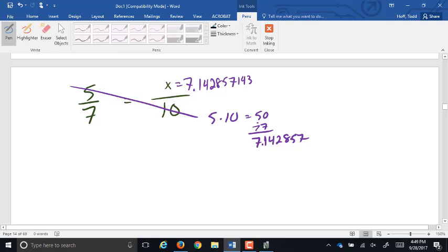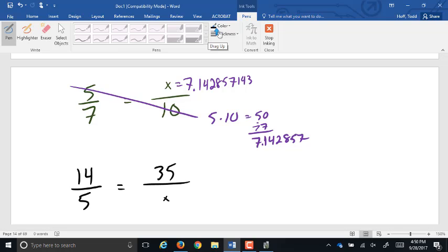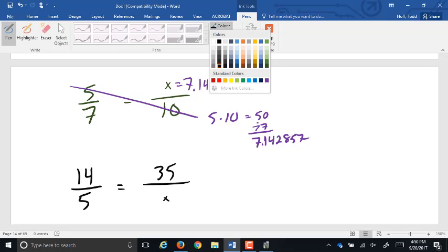Or we might have 14 over 5 equivalent to 35 over x. In this problem, what two numbers are going to get multiplied?